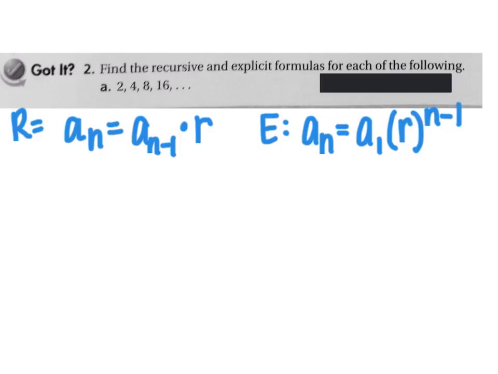For your sequence right here, your R is going to be what you're multiplying by each time. And your A sub 1 is going to be the first term right there. Okay? That's the only information you have to plug in. Pause it, do the question, and get back with me in the next slide.